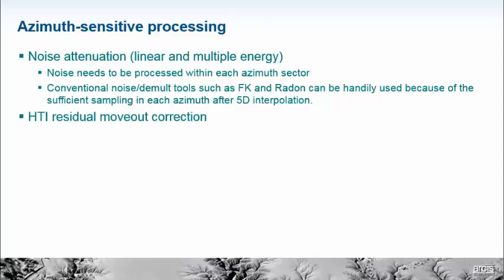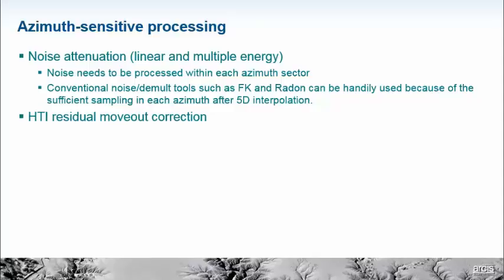And conventional tools like FK filtering, radon for either linear noise attenuation or multiple remover, they actually work quite well because 5D interpolation has done this heavy lifting behind the scenes and given us very well sampled azimuth chunks of data, if you will. So it opens the gateway to allow use of conventional tools.